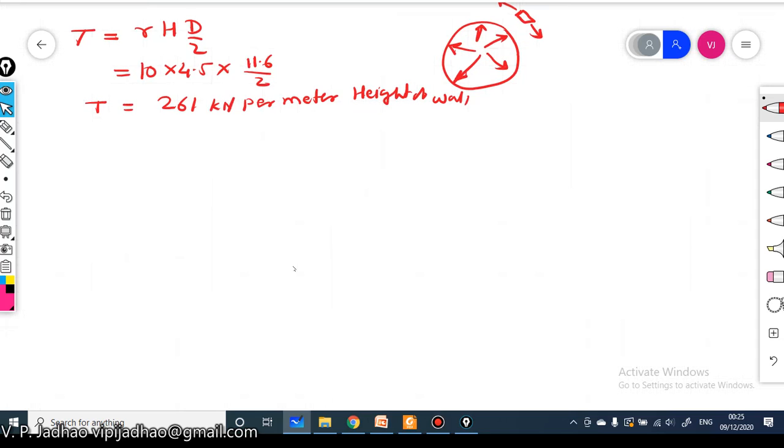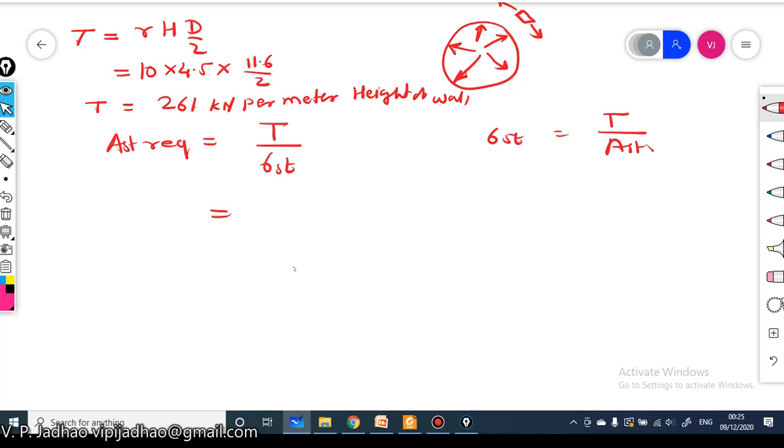Now we have to calculate the steel required. AST required will be equal to hoop tension T divided by sigma ST, because we know that sigma ST is equal to T divided by AST required. Just put the values.